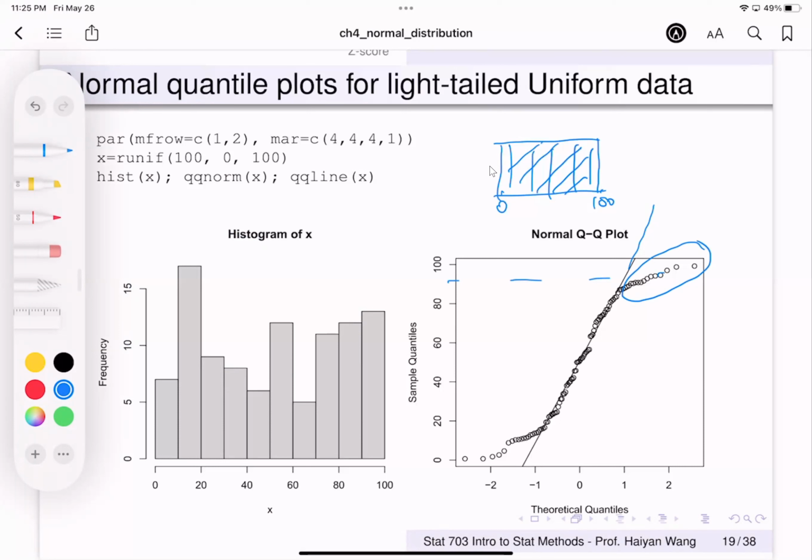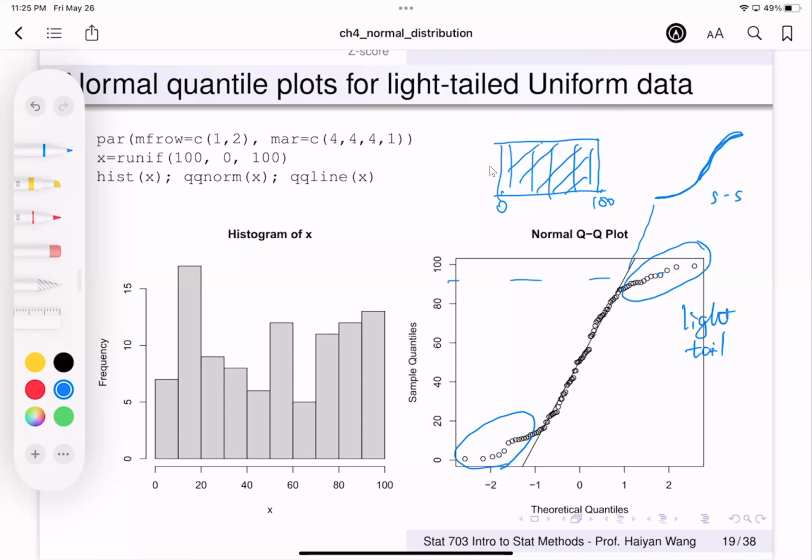This is the light tail in terms of the observed data. Similarly, on this side, the observed values in the sample quantile would be larger than those on the line. So this indicates that the data are light-tailed. Basically, for light-tailed, you will see the normal quantile plot to be S-shaped.